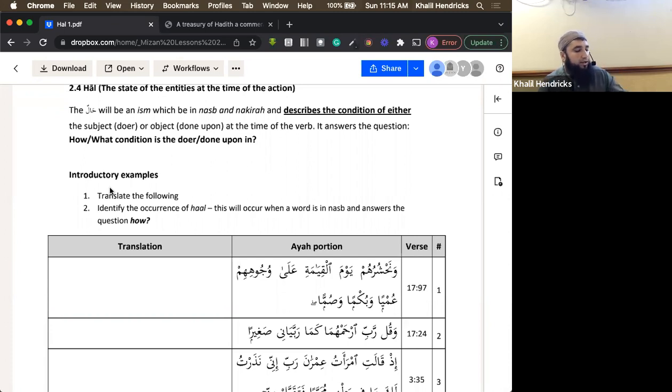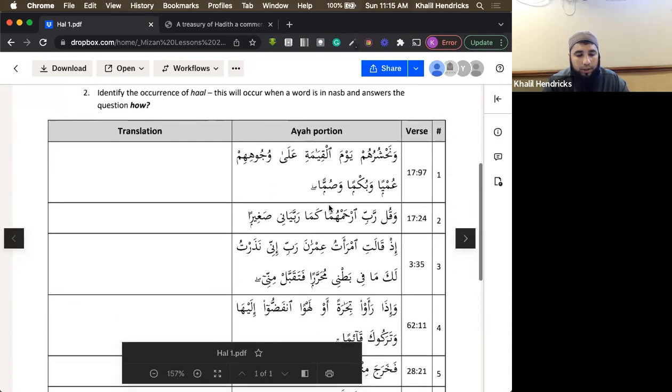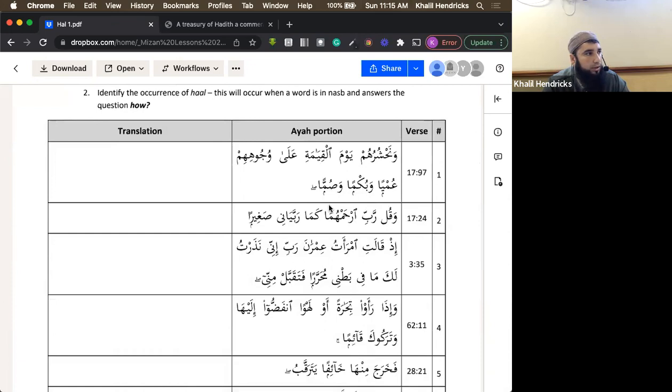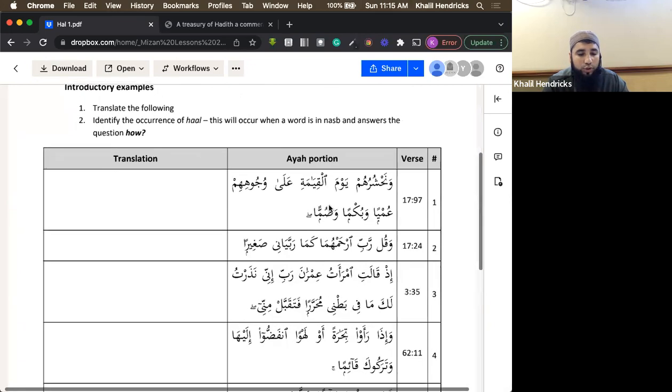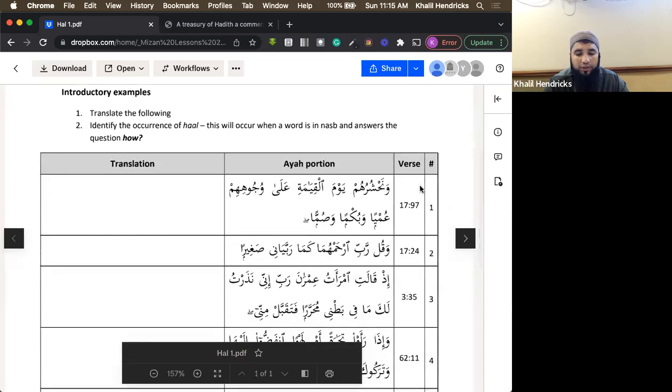Maf'ul fihi is like a dharf. So let's see. Right, so here, how? Let's look at the first example.